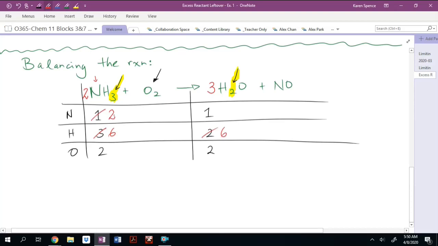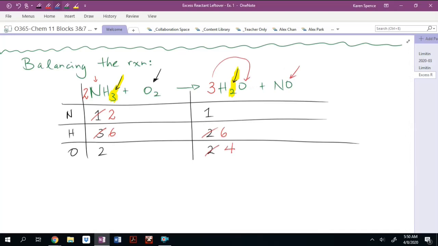And over here, I've also changed my oxygen, so I have 3 oxygens plus another 1 oxygen gives me 4 oxygens. All right, how close am I getting? I'm not bad.